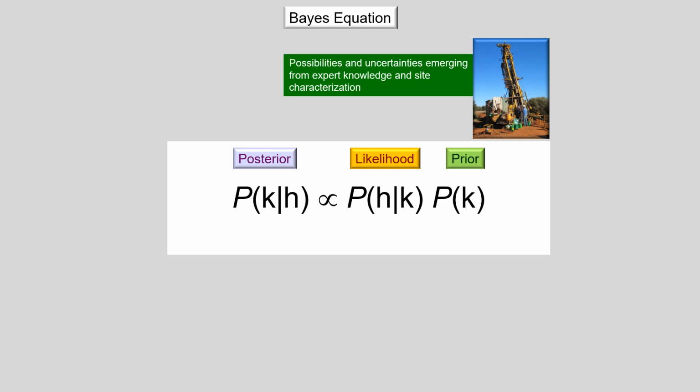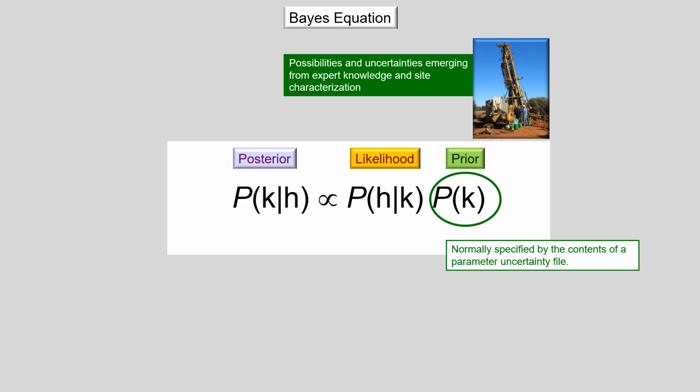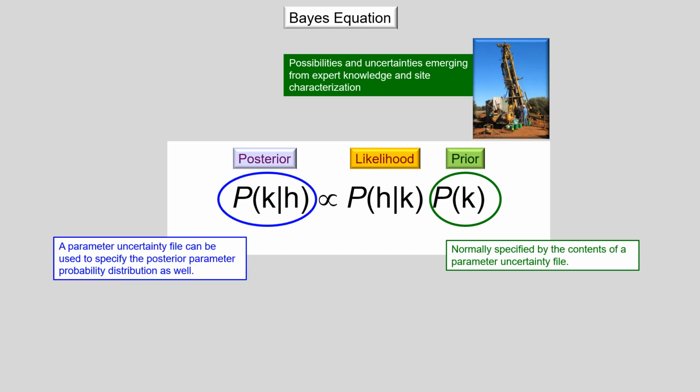Thereby, in that probabilistic description, as I said before, we encapsulate what we know, but just as importantly, we put bounds on what we don't know. And that prior probability distribution of parameters is expressed in a parameter uncertainty file. Now, a parameter uncertainty file can also be used to express the posterior parameter probability distribution. Normally, however, we use it to express the prior.